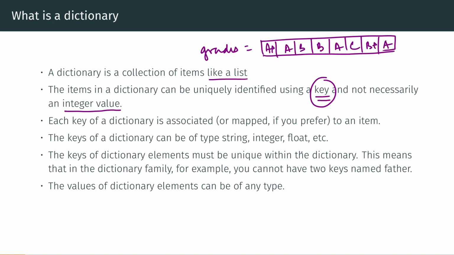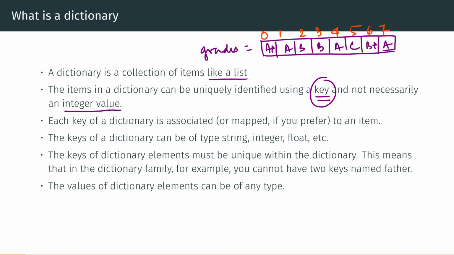Now, as you know, in lists, each of these elements would be uniquely identified by their index positions, right? So the indexes or indices of these elements are 0, 1, 2, 3, 4, 5, 6, 7, right?